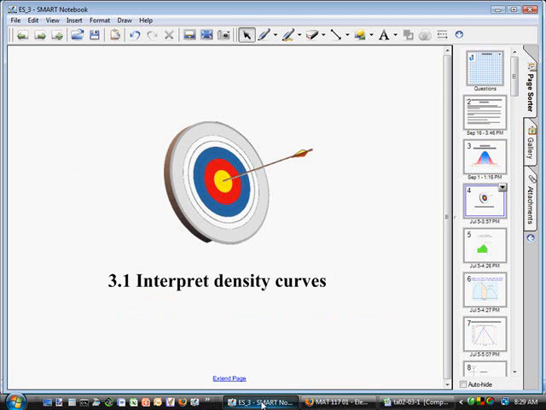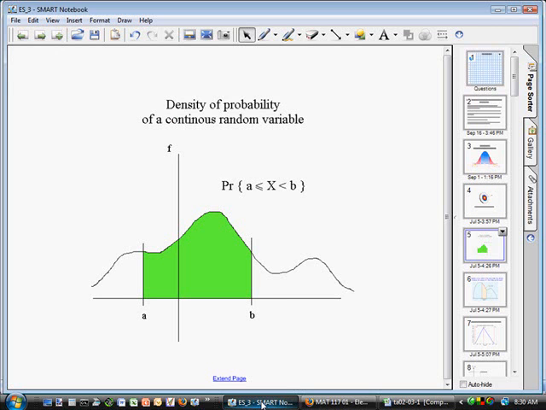So the first thing we want to talk about in Chapter 3 is something called density curves. This is what the book had for the learning objective, but actually it could have also said, not just interpret it, but identify. What is a density curve is the first thing I want to talk to you about.